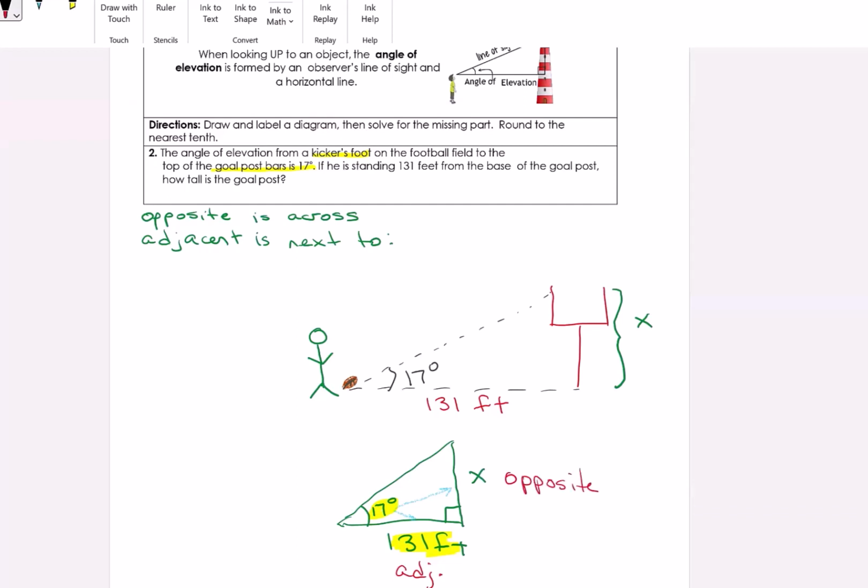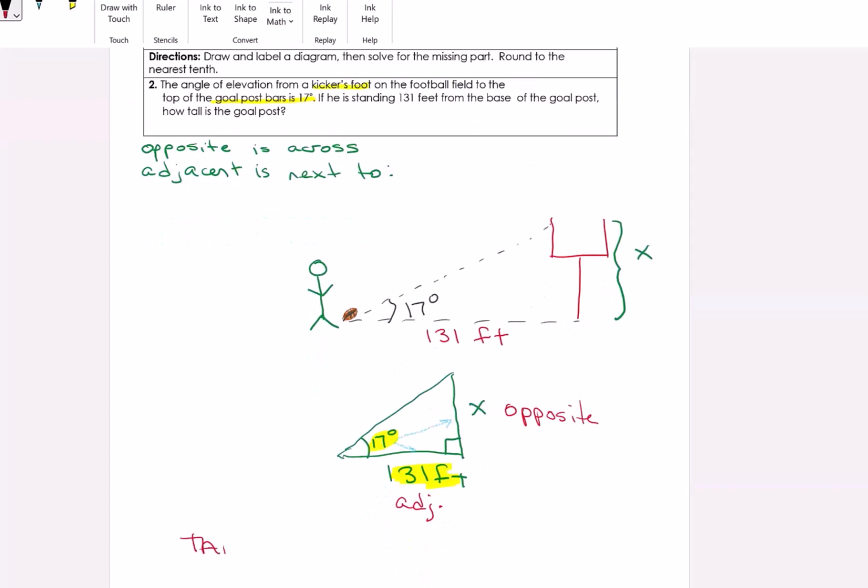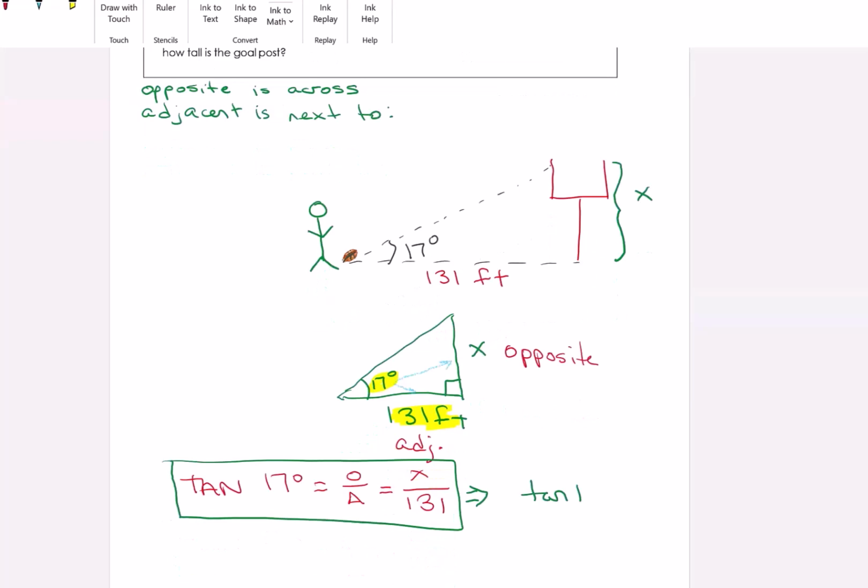And again, if I have opposite and I have adjacent, I have tangent. The tangent of 17 degrees, which is equal to opposite over adjacent, is equal to, well, opposite is x, adjacent is 131. And now this is what I have to solve. The tangent of 17 degrees is equal to x over 131.